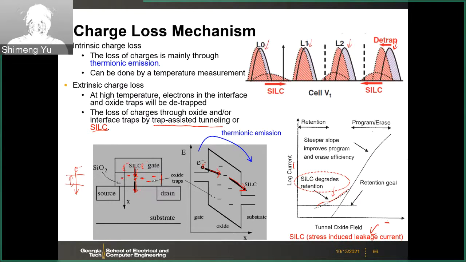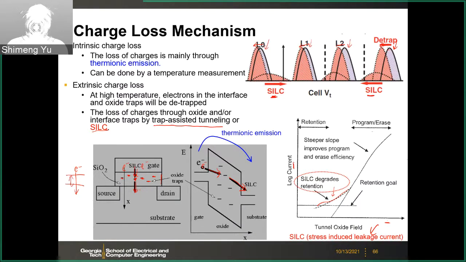For example, the detrap will move all the VTH distribution to the lower value. So you see that this distribution moves to the left, all of them, because the detrap will uniformly lower the VTH. And the SILC effect will be a little bit different because SILC depends on the voltage direction.